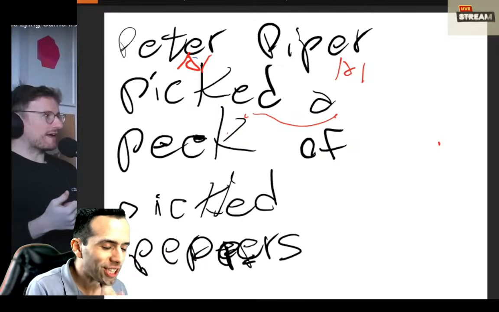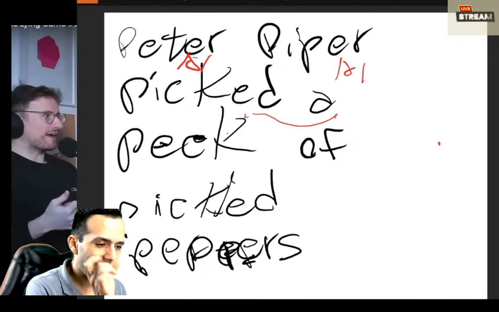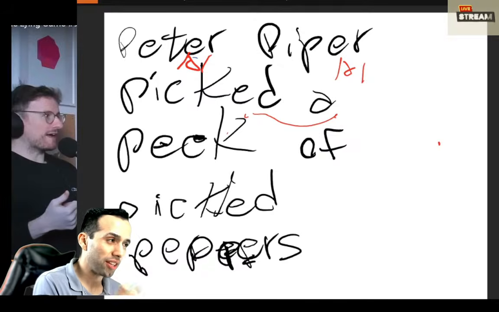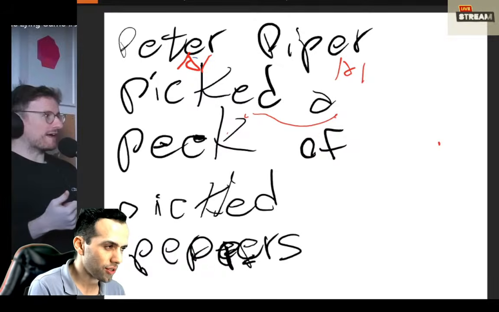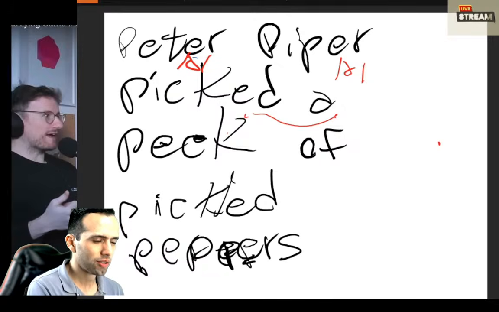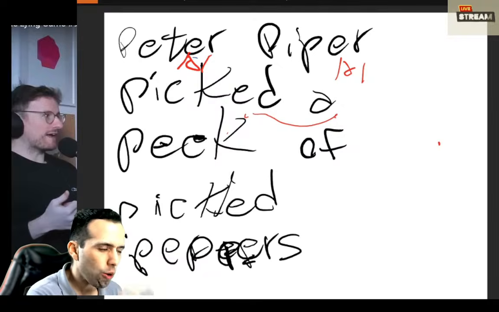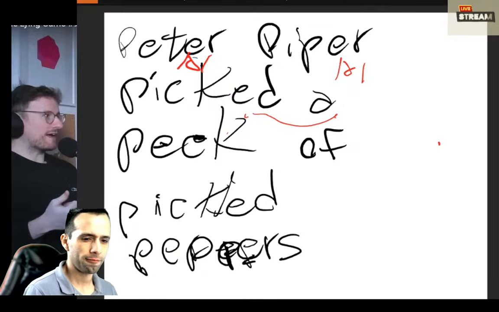How do we call this connection between the final T in picked and the vowel sound, because the simple past is pronounced picked, right? Connecting that T with the sound. How do we call this?